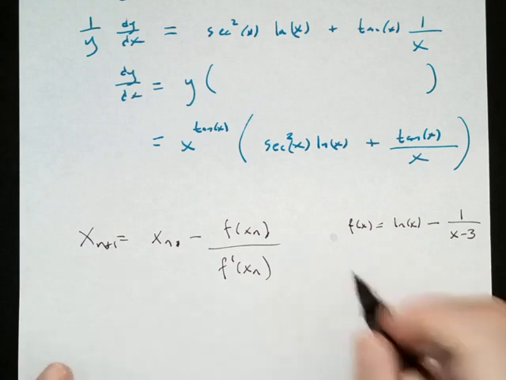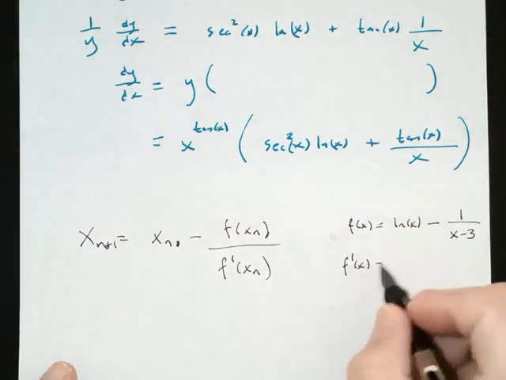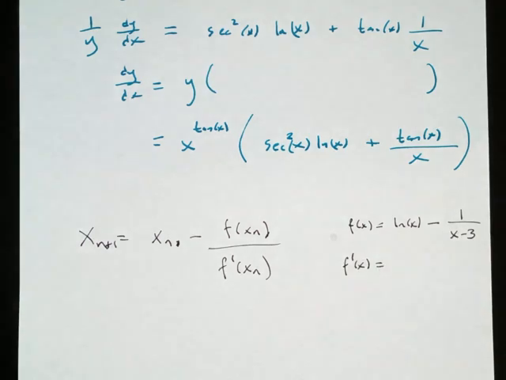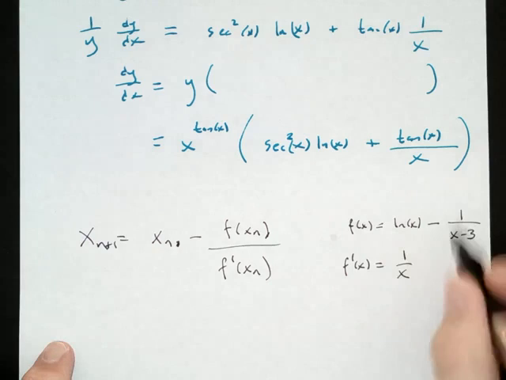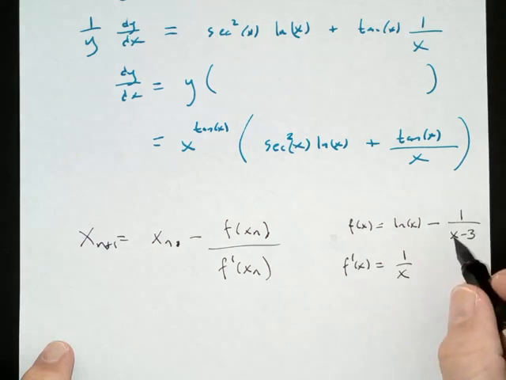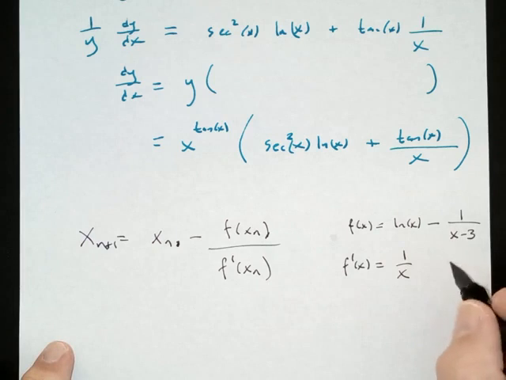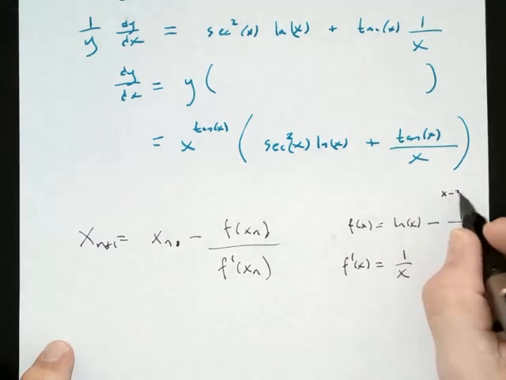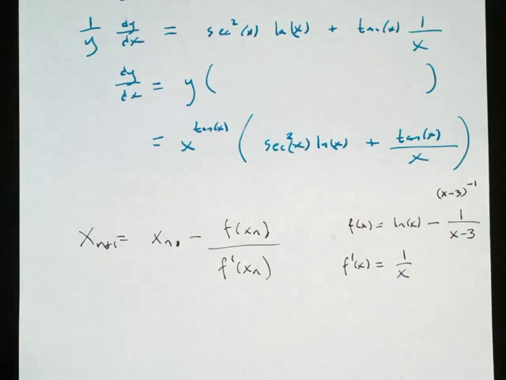Then f prime of x is derivative of ln of x, one over x. That's easier as a power with the chain rule. Write that as x minus 3 quantity to the negative 1, rather than doing the quotient rule. I told you I like the chain rule better. I don't want to do the quotient rule if I don't have to.